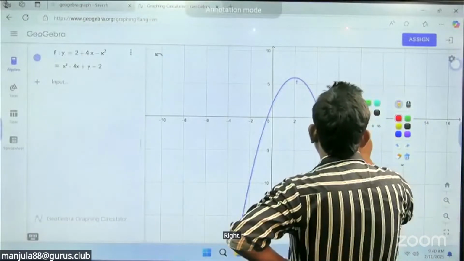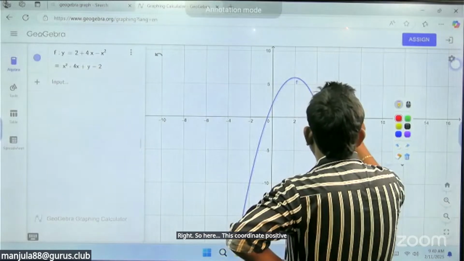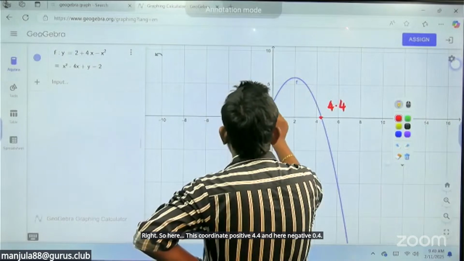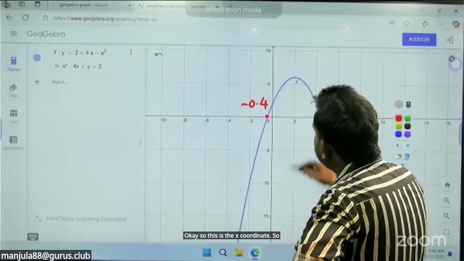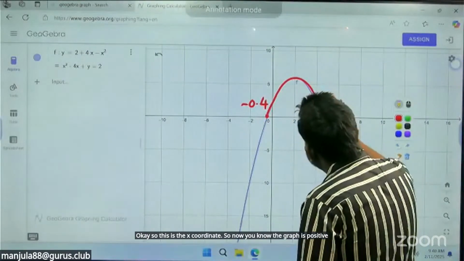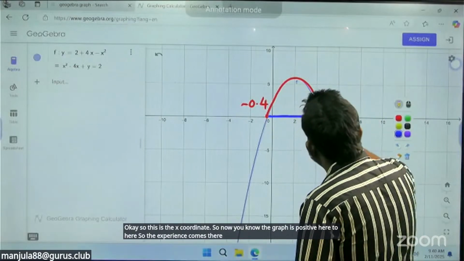This coordinate positive 4.4 and here negative 0.4. So this is the x coordinate. So now you know the graph is positive from here to here. So the x values come from there to there along the x-axis.